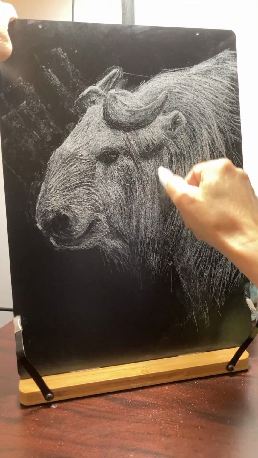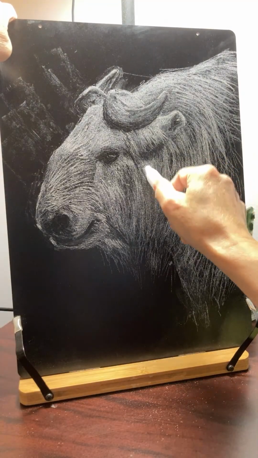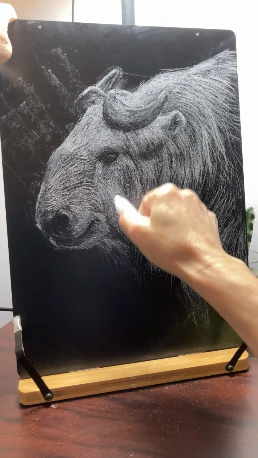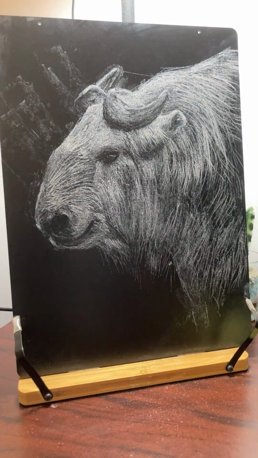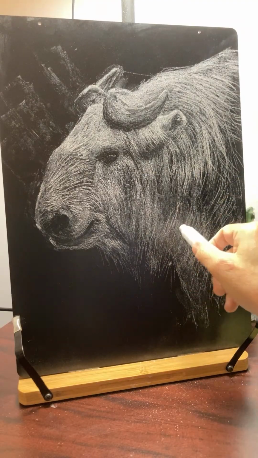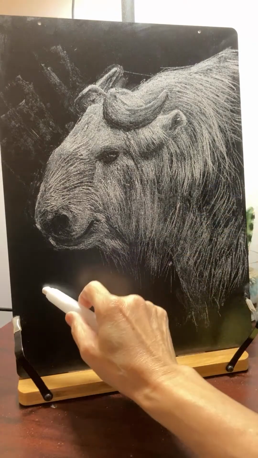This is very bright. These few places are very bright. Okay. Mountain rock, yes, looks like that. They call it takin.